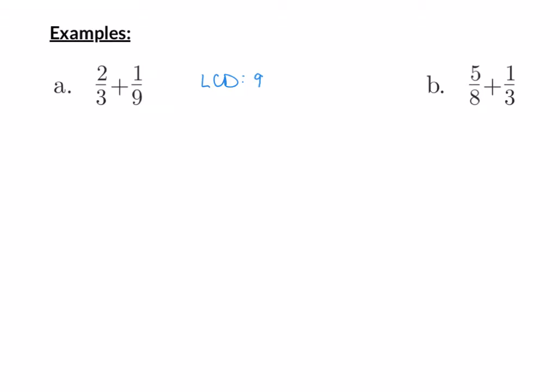So in order to do this, the first thing we're going to do is write each fraction with a denominator of 9. For my first one, to get from 3 to 9, we need to multiply by 3. And remember, whatever we do to the bottom, we do to the top. So this becomes 6/9.